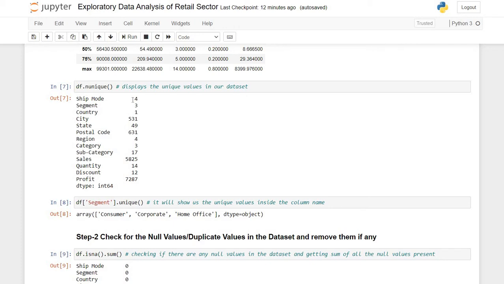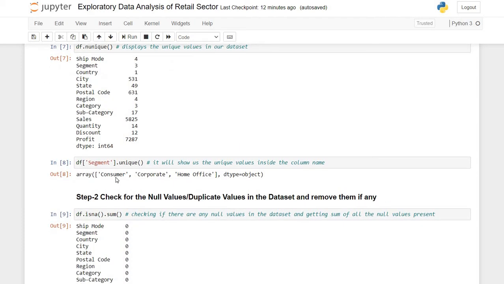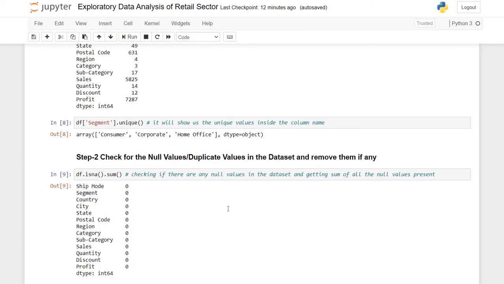For example, for ship mode there are 4 unique values, and df.segment.unique shows there are 3 unique segments present, that is consumer, corporate and home office, which are of the data type object.